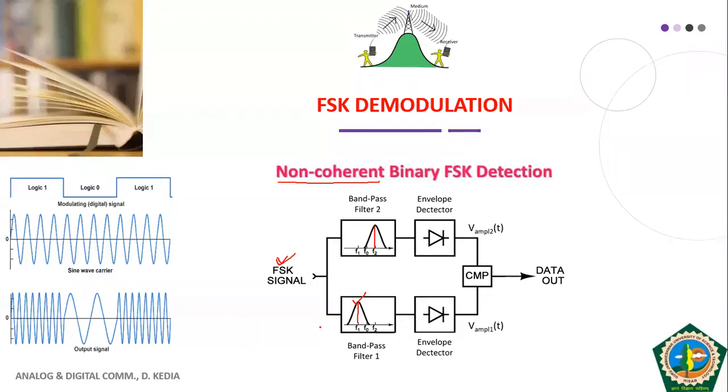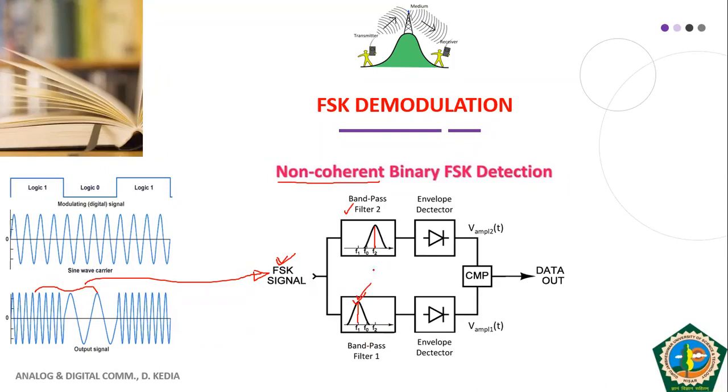Whatever FSK signal is there, it is a combination of these two frequencies, because your input point is common. So your FSK signal consists of frequencies corresponding to both 1 and 0. Both will go to band pass filter 2, where F2 components will be passed and F1 will be rejected. Here F1 components will be passed and others will be rejected.